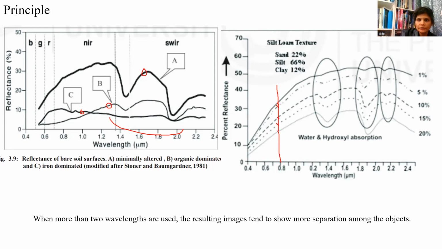And this is what is important. So at 0.8, the value is different, whereas at 1.2, you would have something different. And this is how you can pinpoint what is the particular characteristic of a particular material.